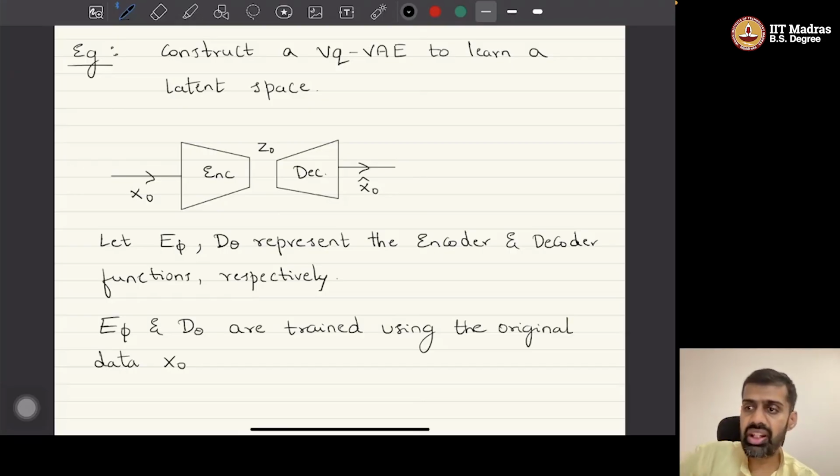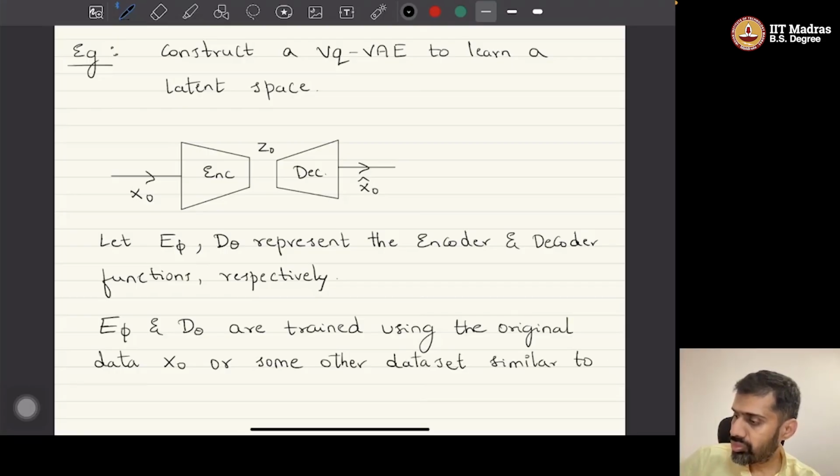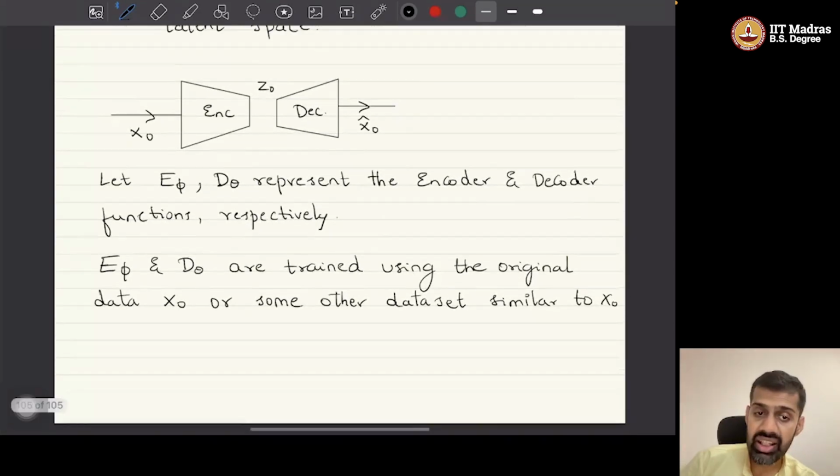So it's a pre-trained encoder-decoder structure, either using original data or some other data set similar to x naught. We just pre-train it.